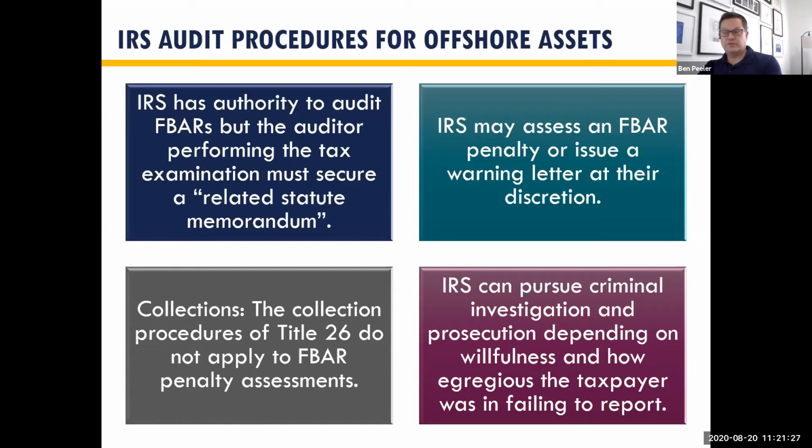So because this gets triggered often, you have to remember you'll get audited often. But they can't audit you since it's in a different code section unless they get this related statute memorandum. And it's basically getting approval from their manager to investigate whether or not you have FBARs that weren't filed.